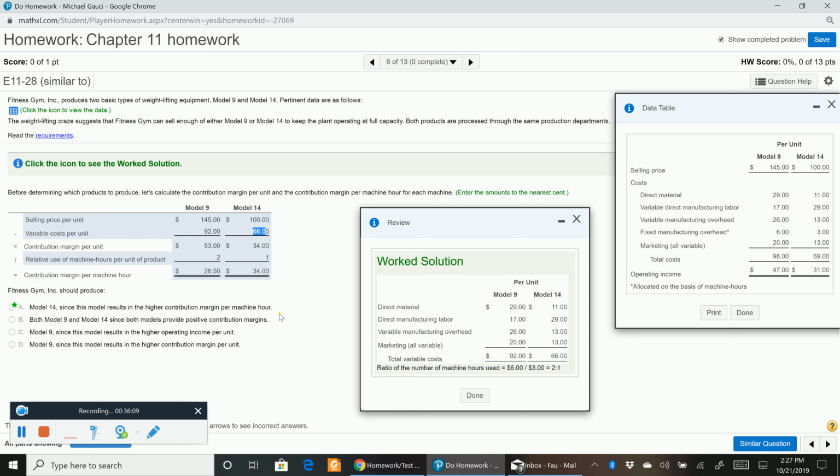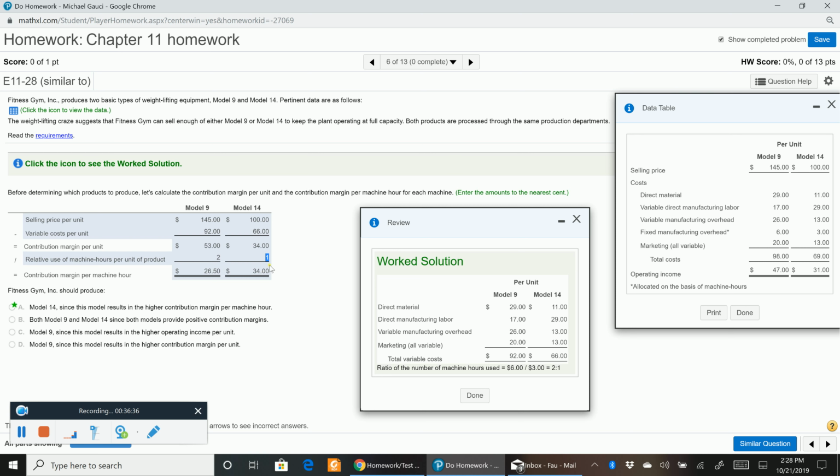But remember, if it takes twice as long to make a Model 9, which we inferred from over here, then the Model 9 contribution margin per unit will be divided by 2 to give us our contribution margin per hour. But for the Model 14, we're only dividing by 1.